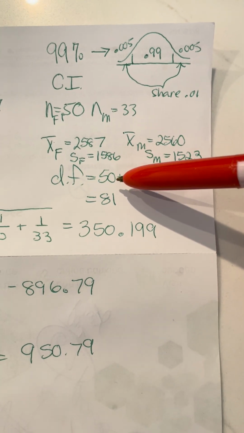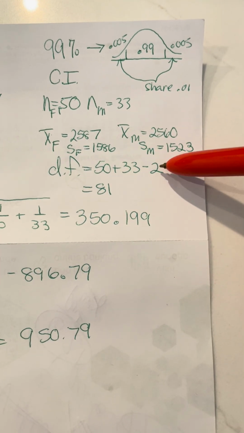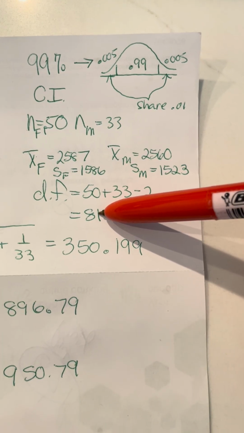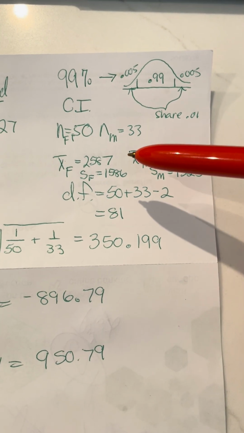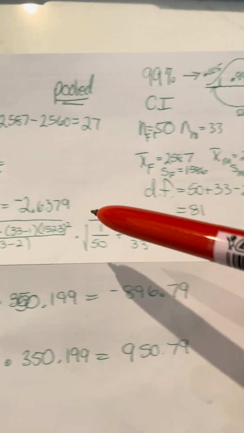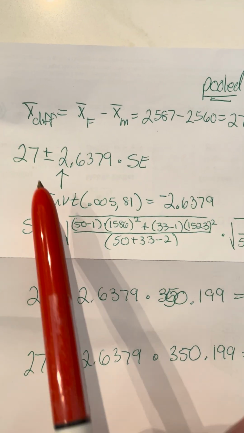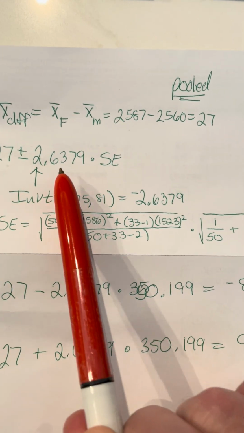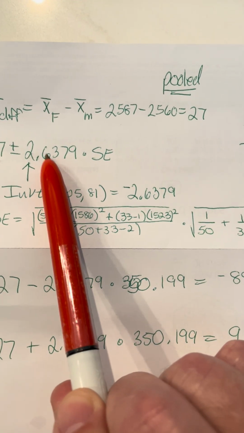My degrees of freedom are N1 plus N2 minus 2, or 50 plus 33 minus 2, leaving me with 81 degrees of freedom. Now, I'm going to travel over to here for just a second. Our formula for the confidence interval is going to be X bar plus or minus the T multiplier times the standard error.